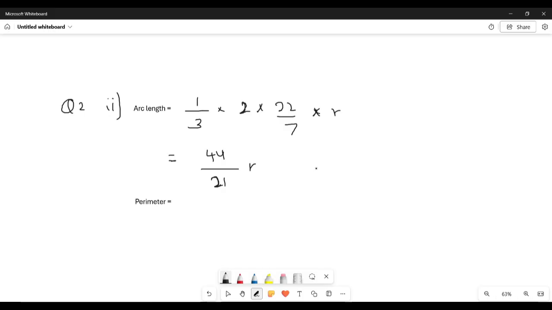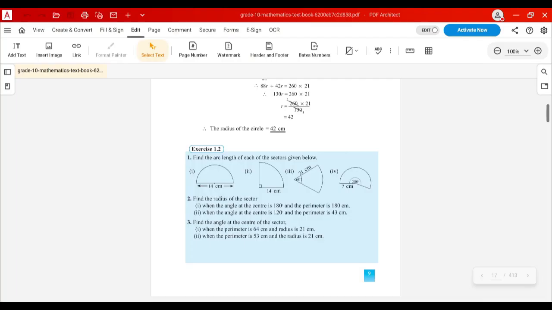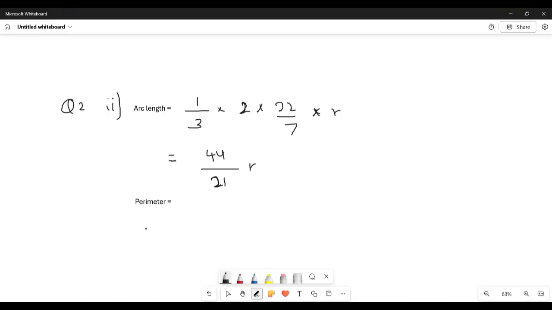So it's 44 over 21 r. Right. So the perimeter. What's the formula? So arc length. Sorry, we have the perimeter. Yeah? What is it? 43 centimeter. So it's 43 centimeter equals to the arc length 44 over 21 r plus twice of the r, that is 2r.